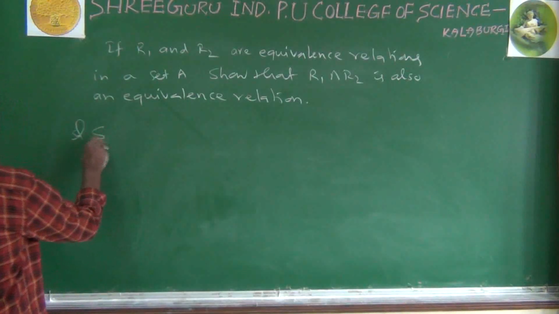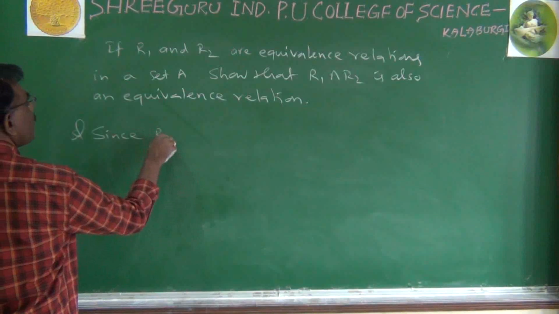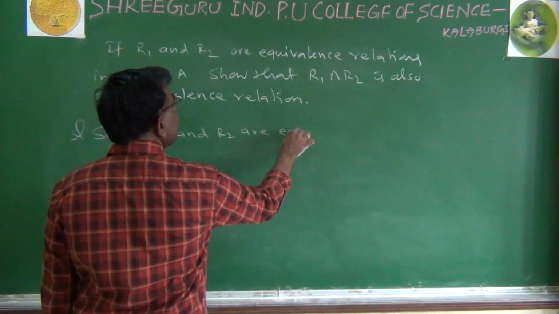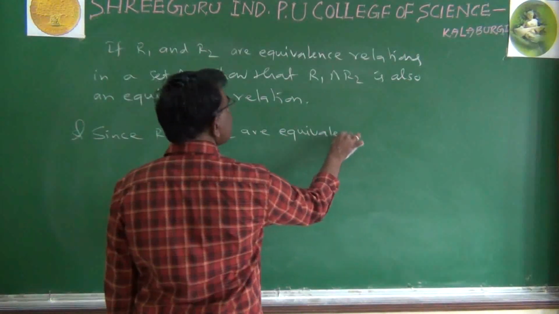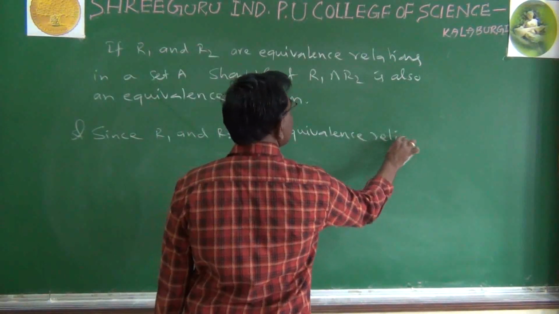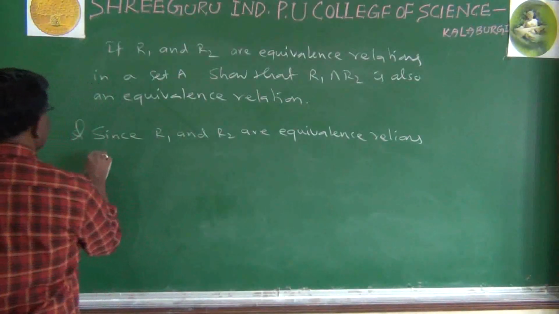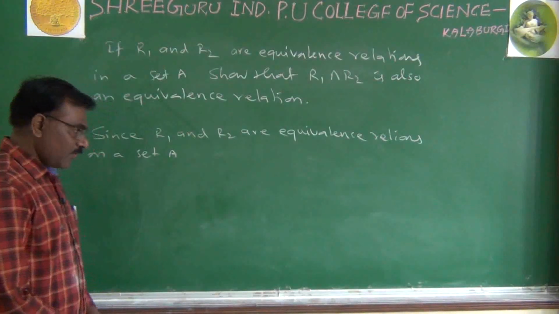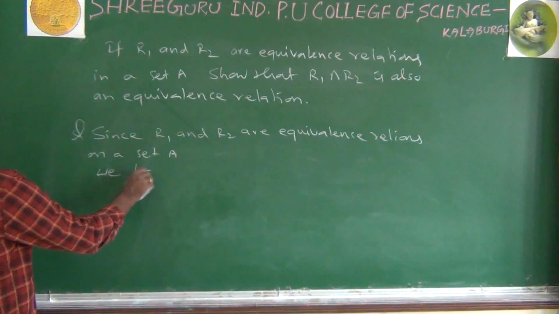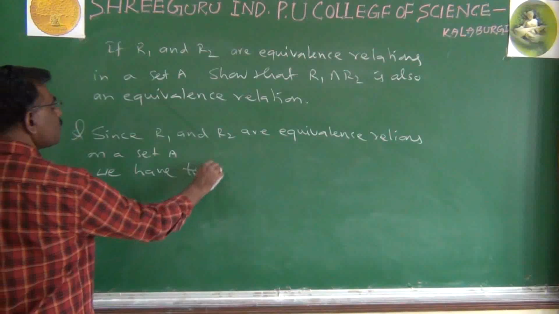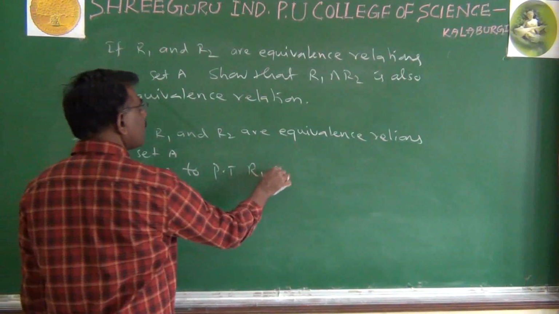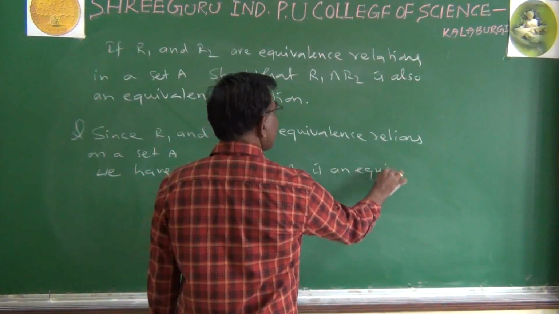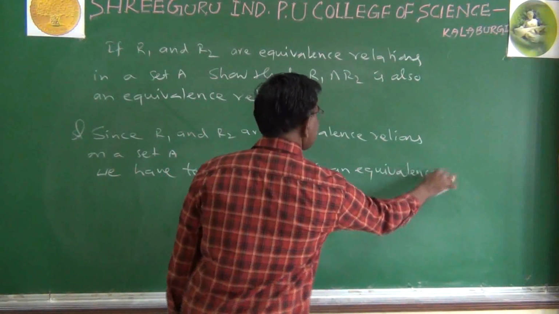Now let's start. Since R1 and R2 are equivalence relations on a set A, we have to prove that R1 intersection R2 is an equivalence relation.